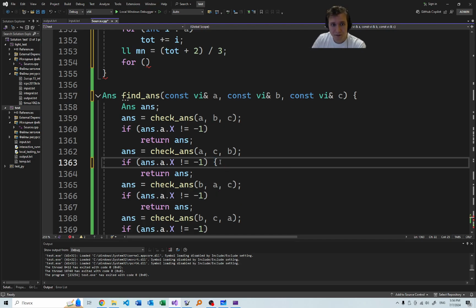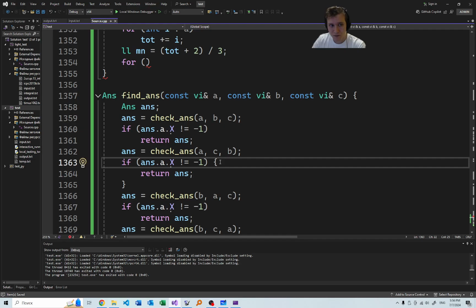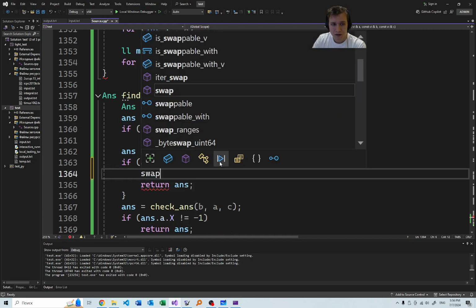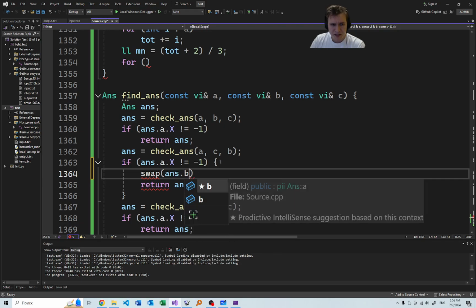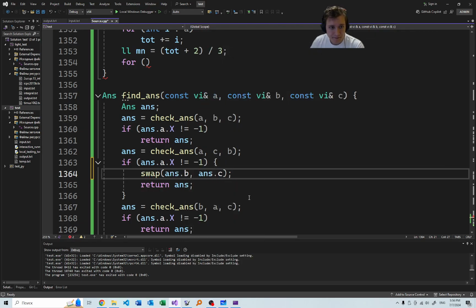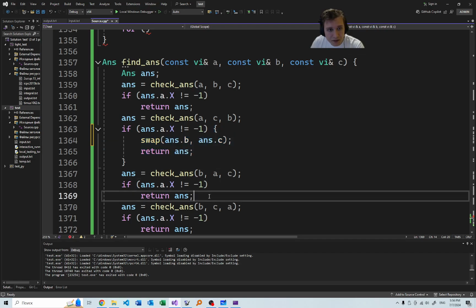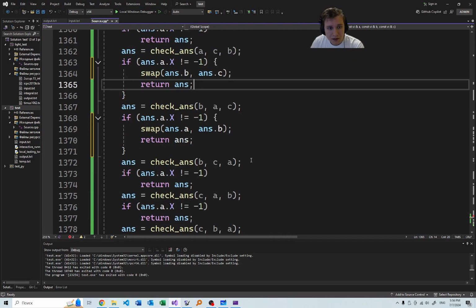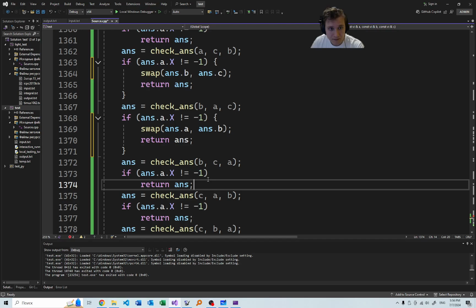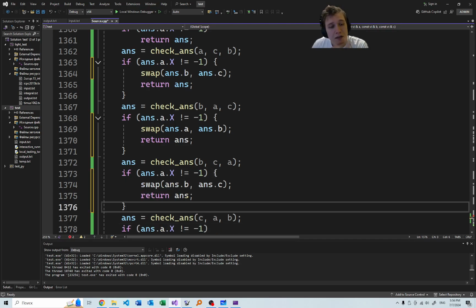So for example, here we will need to swap B and C. Here we need to swap A and B. Here we need to swap... so here it's tricky.